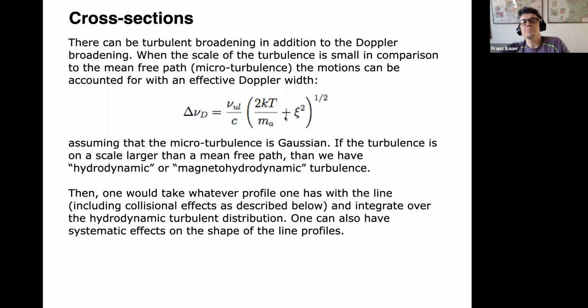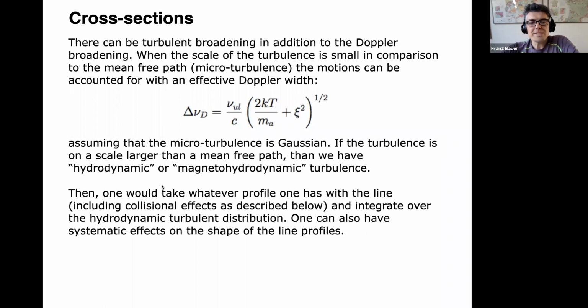You could plug in some sort of turbulent component here, and this would just give a modified Doppler component. If the turbulence is on larger scales than the mean free path, it's hydrodynamic or magnetohydrodynamic. If it's on something smaller than the mean free path, then it's this microturbulence.